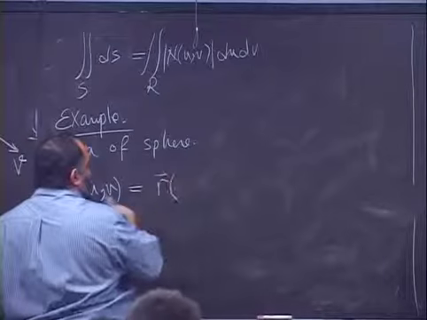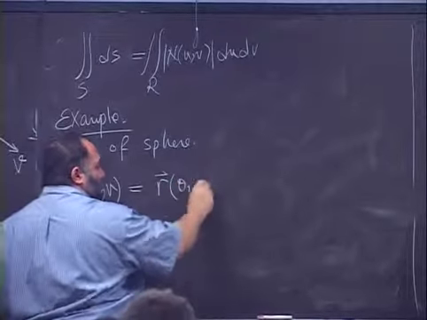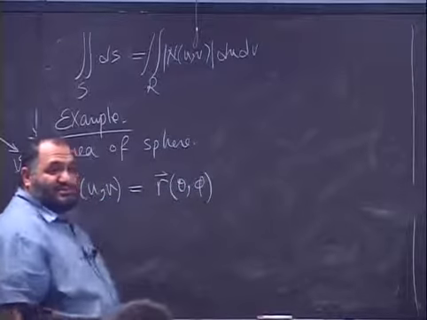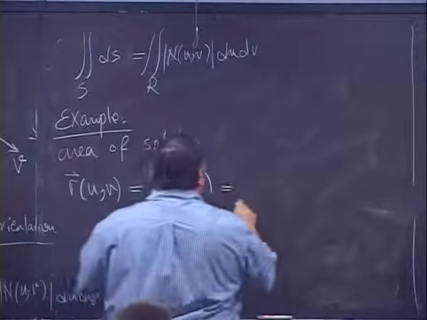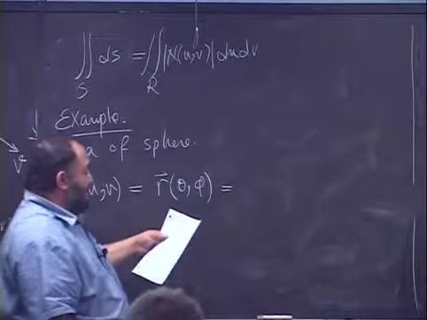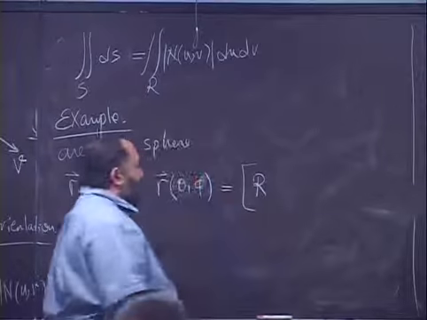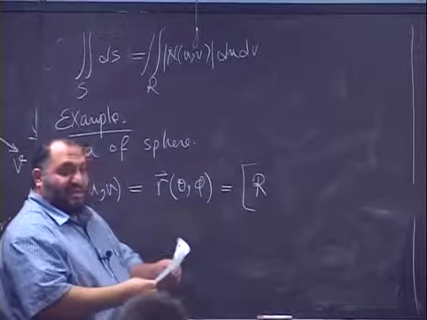I can pick u and v to be theta and phi. What's the equation for the sphere? This is any point r, so it has three components, x, y, and z.